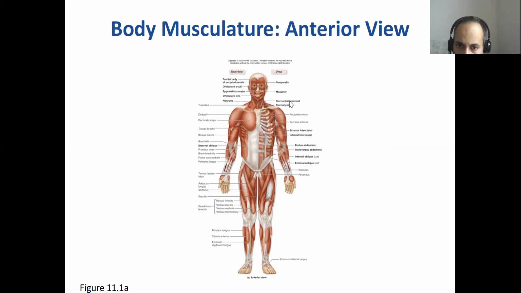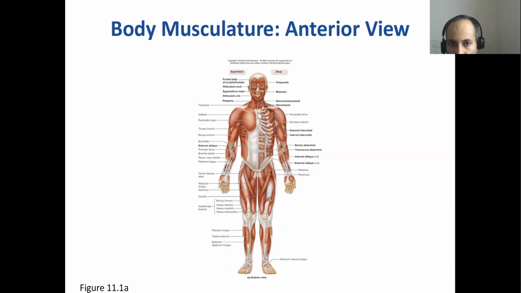Now, at the same time, you also have to know which attachment point is more movable as compared to the other ones. So obviously in the case of the sternocleidomastoid muscle, the attachment over here behind your ear, the mastoid, is more movable. It allows you to move your head side to side or up and down, right?